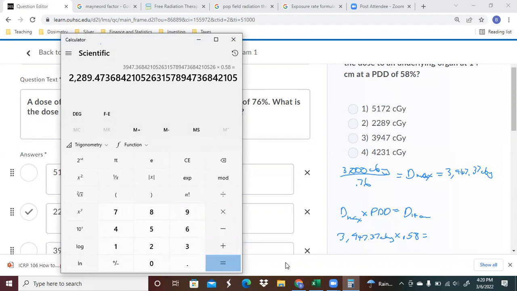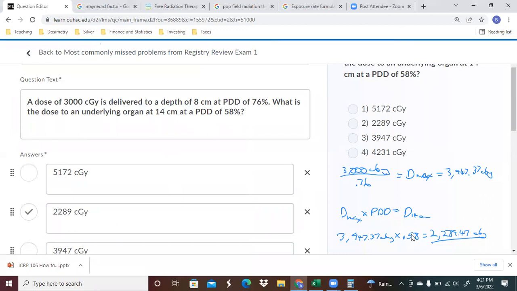Okay. As it turns out, that's our answer. There we go. So in a problem like this, what we're doing is we're trying to figure out how the dose at one particular PDD relates to the D max. And then once we have it at the D max, we can then turn around and figure out what it is at a different point. So that's where that comes from.